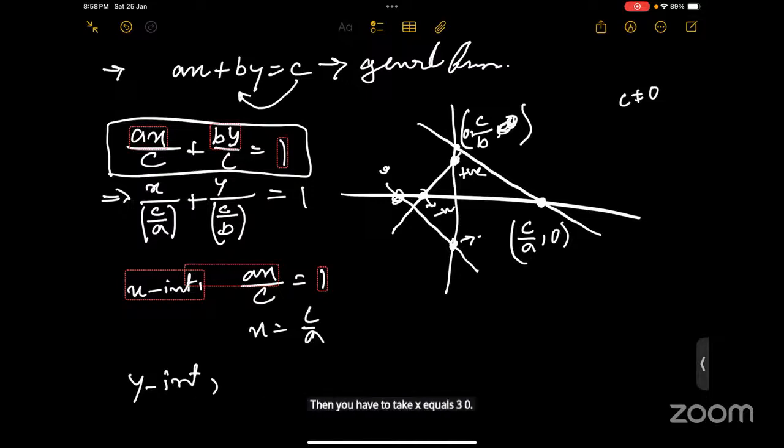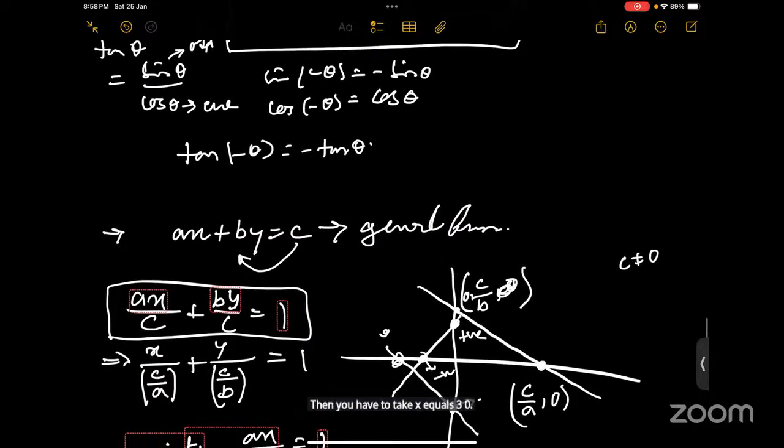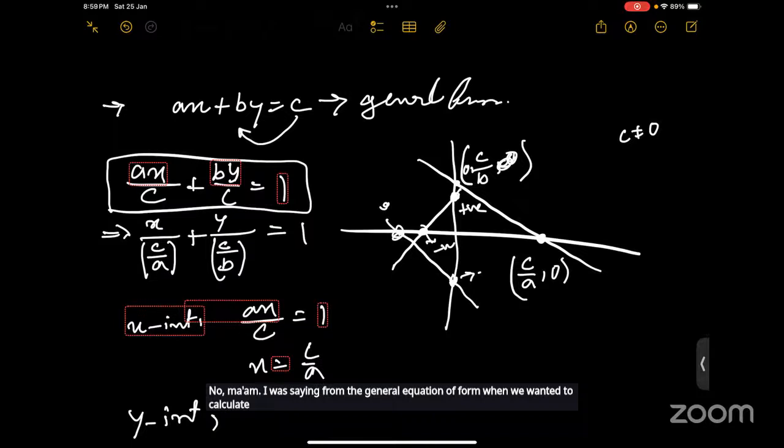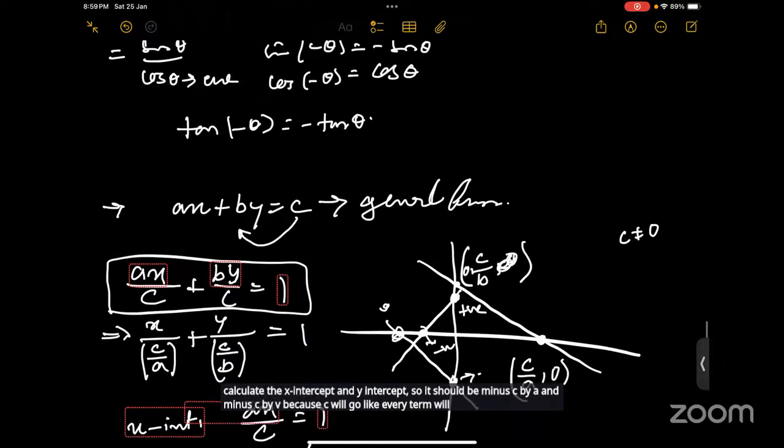No, ma'am, I was saying from the general form of the equation, when we wanted to calculate the x-intercept and y-intercept, it should be minus c by a and minus c by b, because every term will be on the left or right side of the equation.